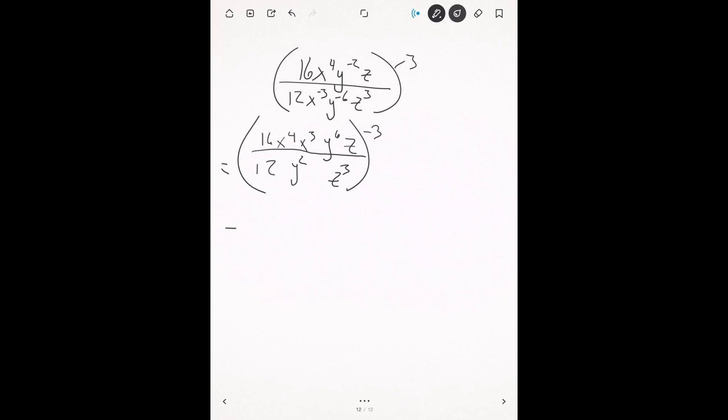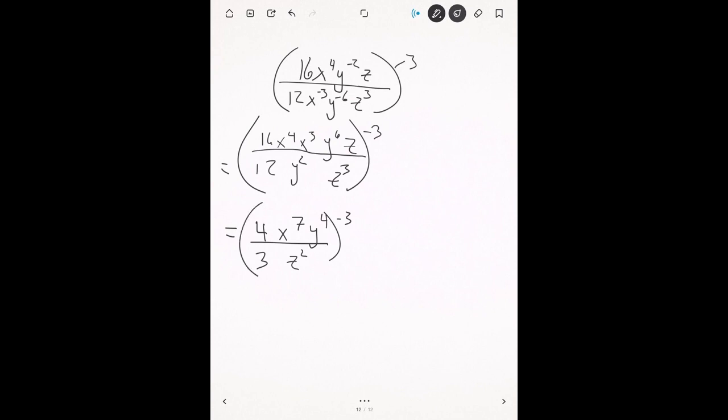So we'll go ahead and we'll simplify this. 12 and 16, that would be 4 over 3. X to the 4th and x to the 3rd is x to the 7th. Y to the 4th. And then z over z cubed is z squared on the bottom, all to the negative 3.